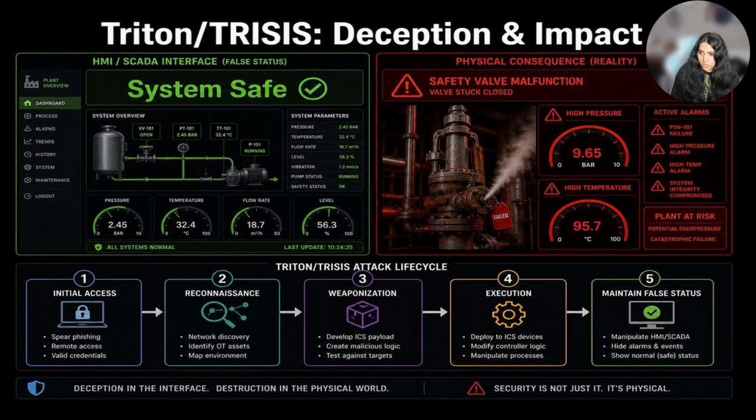So what they did was they reverse engineered the proprietary TriStation protocol to communicate directly with the Triconex controller, and then they injected malicious ladder logic into the controller. So they changed the code to override core safety functions, and then they modified the data packets that were sent to the HMI, or human machine interface, so operators saw false safe and wouldn't suspect anything.